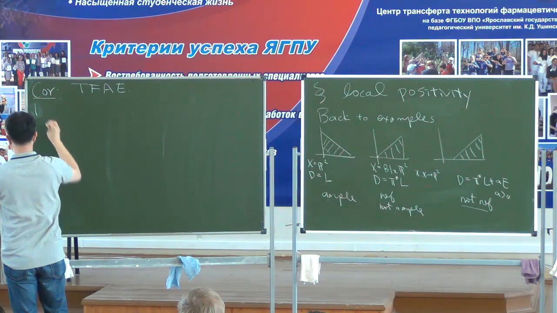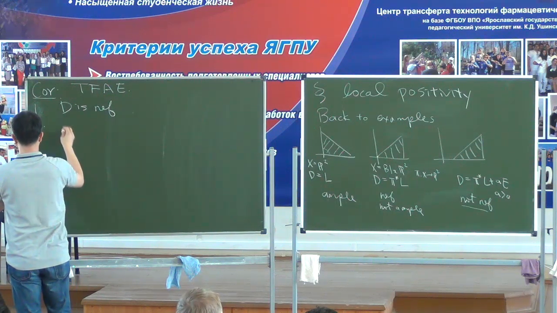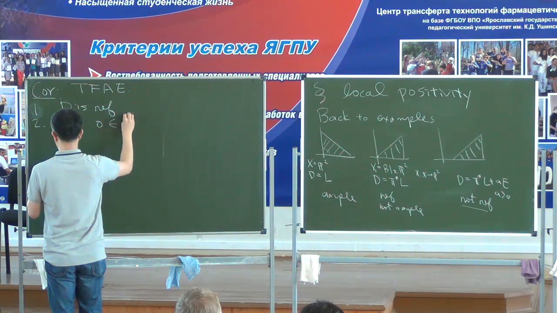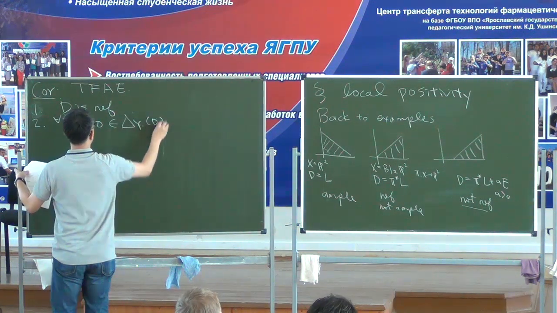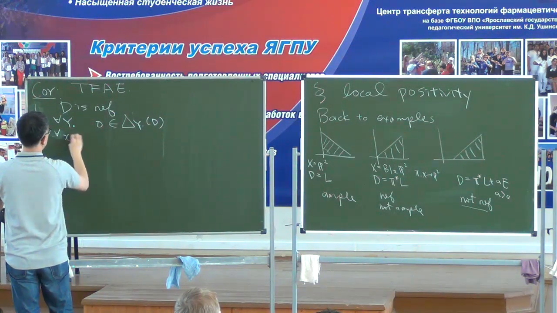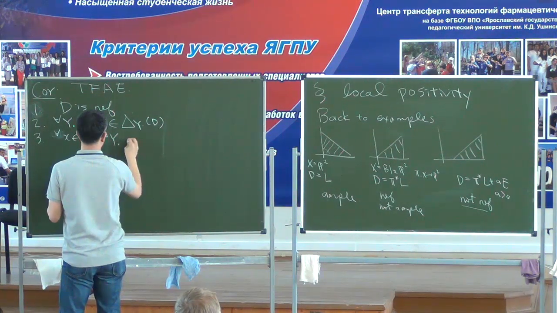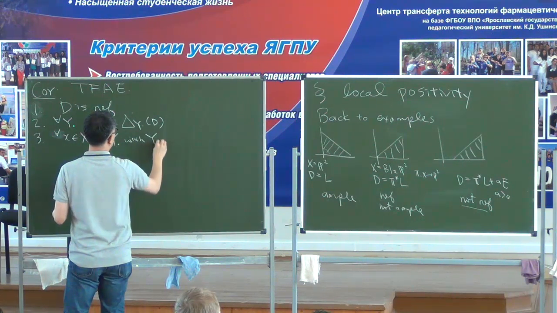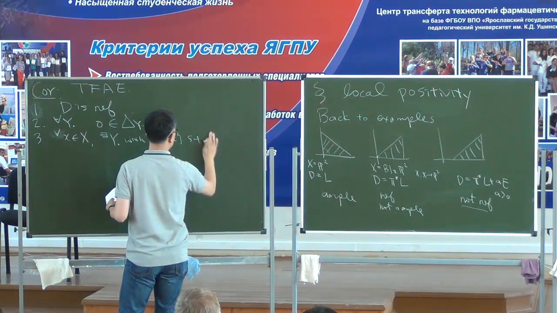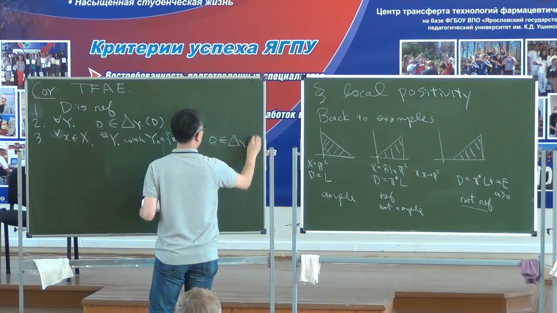D is nef. 2, for any flag, the origin is contained in the Okounkov body of D. 3, for any point in X, there is a flag Y with X such that the origin is contained in it.